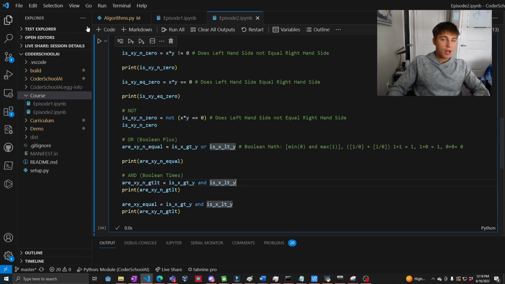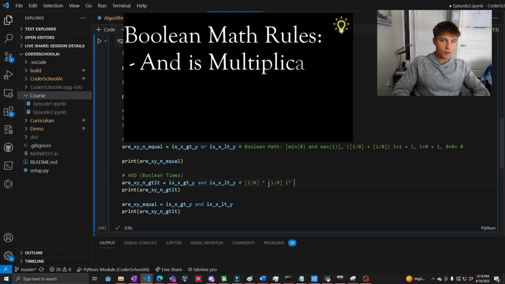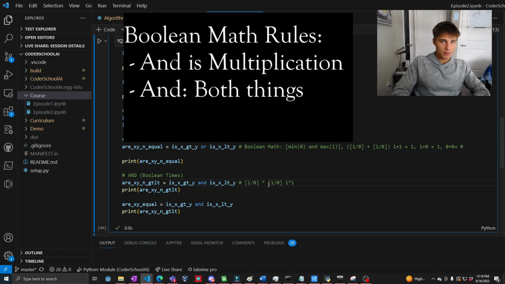Really what I wanted to show you with that, before we let you try this one on your own, is if I have this and, then that's just taking, let's say it's 1 or 0, and multiplying it by 1 or 0. So in order for this to actually be true, I need to have something to be true and another thing to be true, if that makes sense, right?